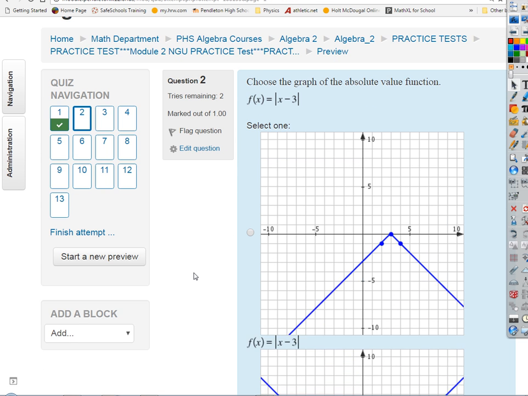How about that one? Real quick, just look at that for a second. In your notebook, just jot down what you think A, H, and K are. Let's see if we can find this one real fast.